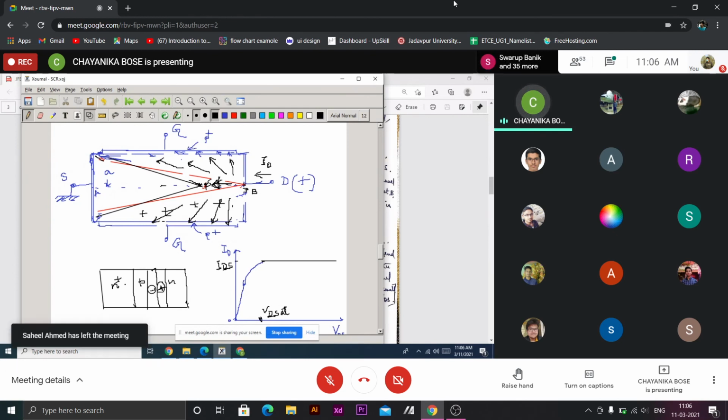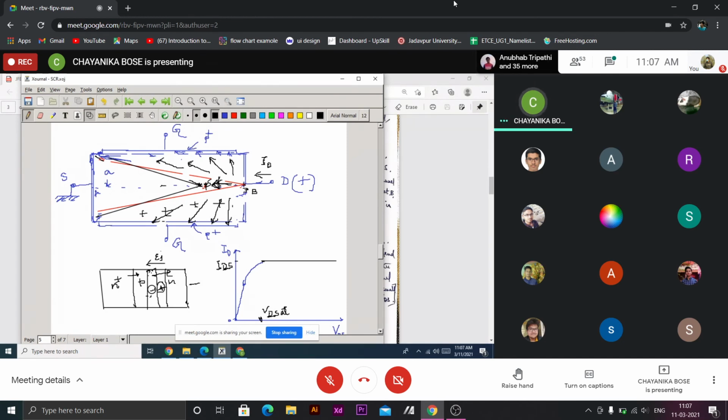So electrons injected from this emitter will diffuse across the neutral base and will reach this edge of the depletion region. Now, due to the space charge, there is a junction field acting in this direction. So once these electrons reach this edge of the depletion region, they will be swept by this junction field and they will reach the collector region.